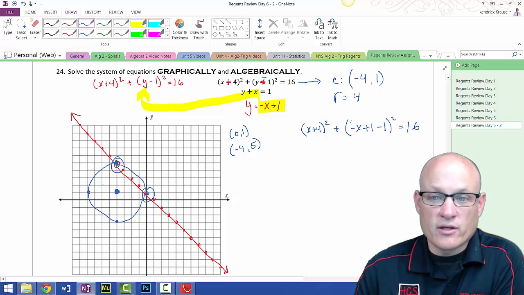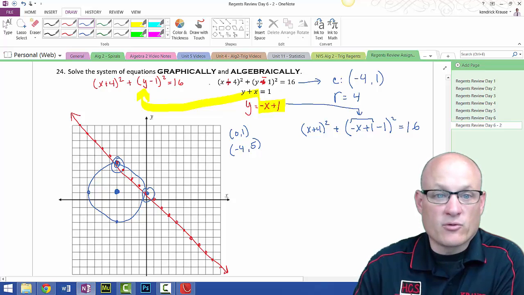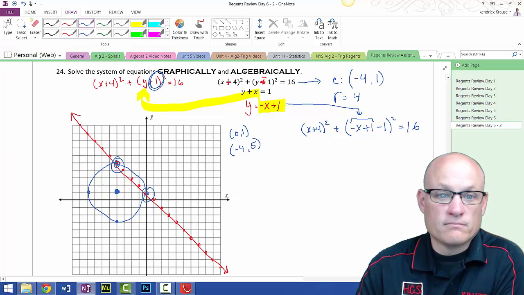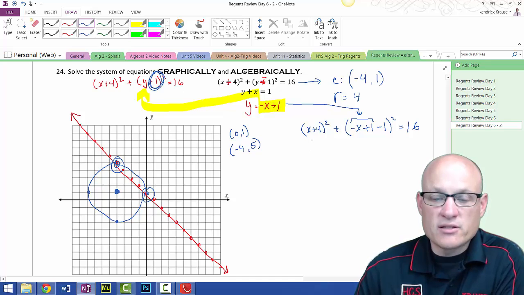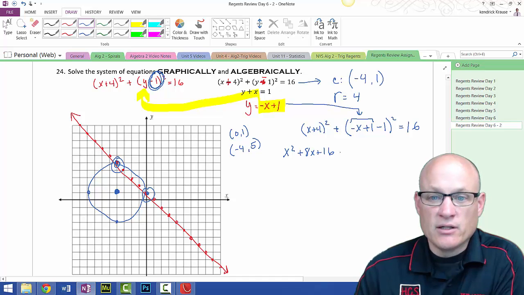Because this was the thing I plugged in, and then it also had the minus 1 right here. So if I double distribute, don't do anything stupid, you got to double distribute: x squared plus 8x plus 16 plus, these cancel.